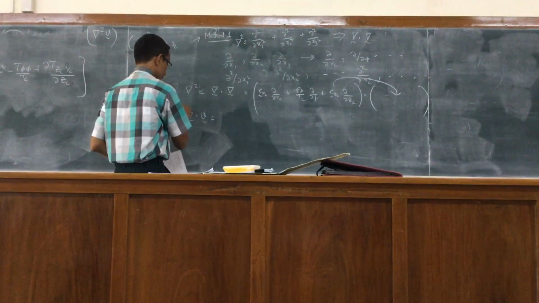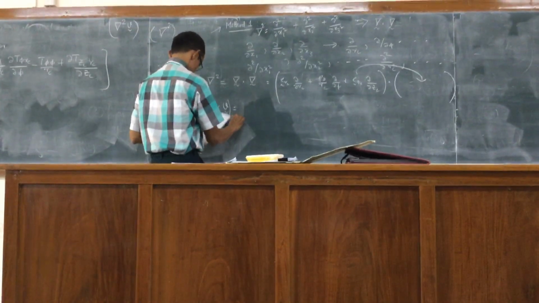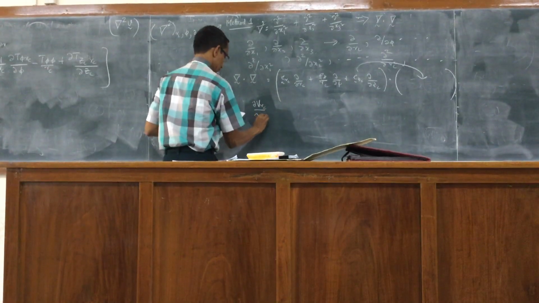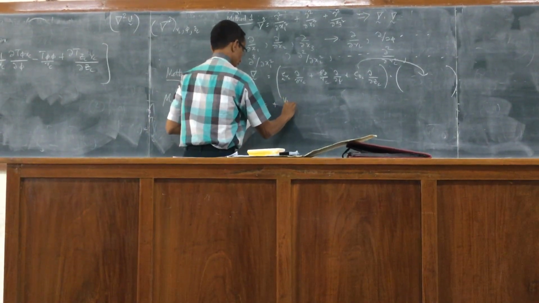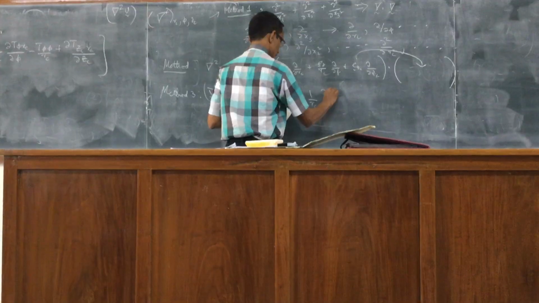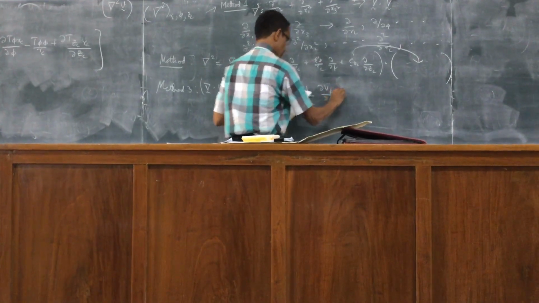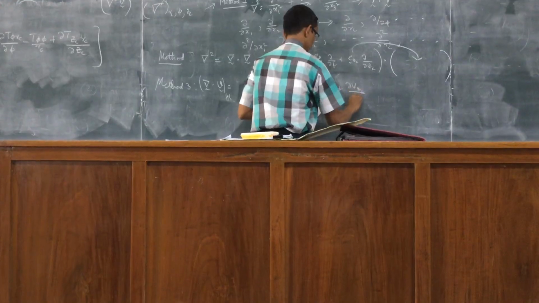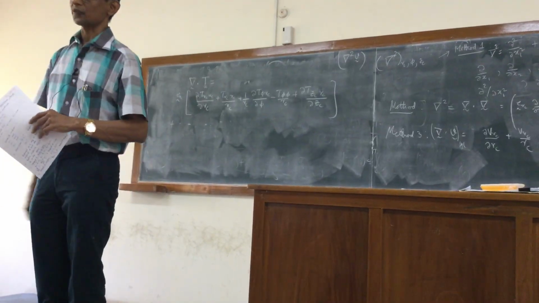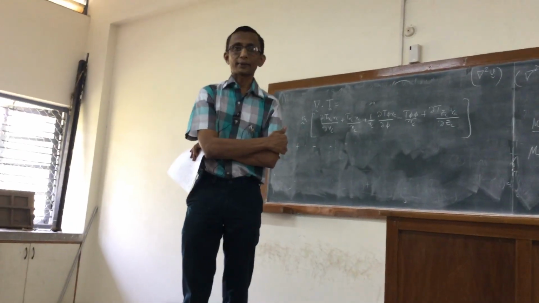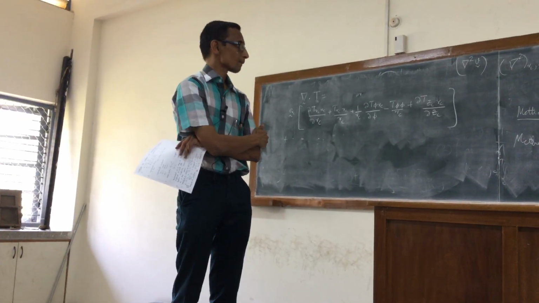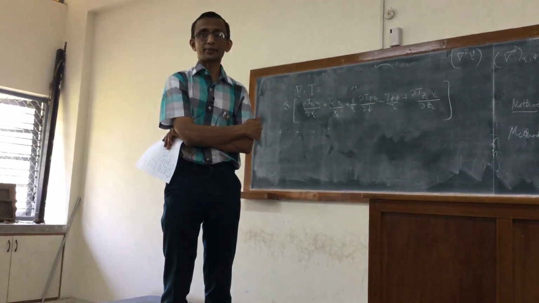In fact, we got that as dB_rc by drc plus B_rc by rc plus 1 over rc dB_phi by d phi plus dB_zc by dzc. So I have already got that. I'm going to make use of that. So how would you get the Laplacian from this equation?